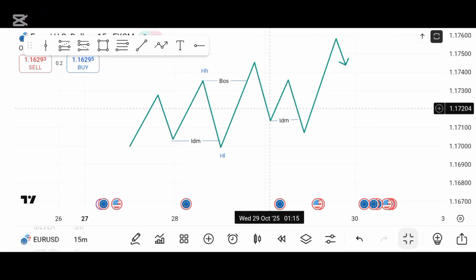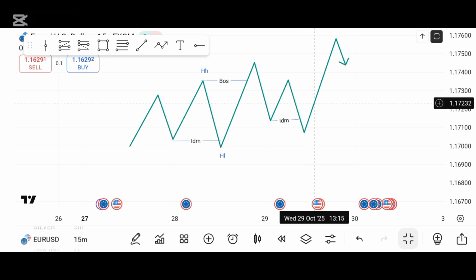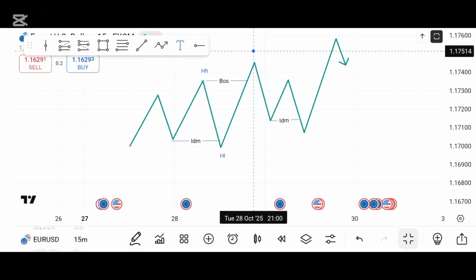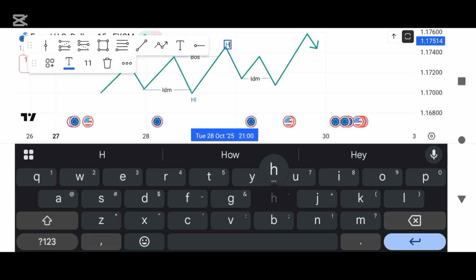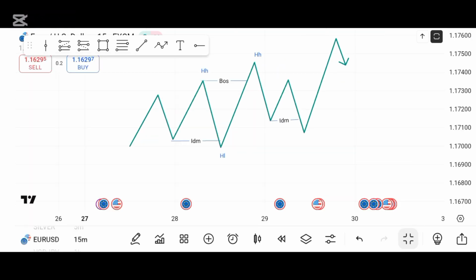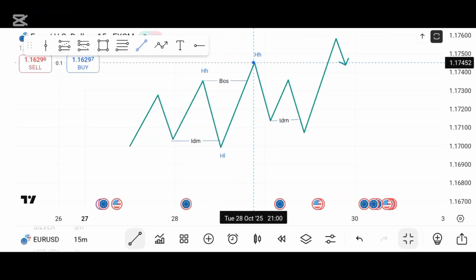Then the market starts trading up and goes for this higher high. So immediately the market breaks past this higher high, we have the break of structure.